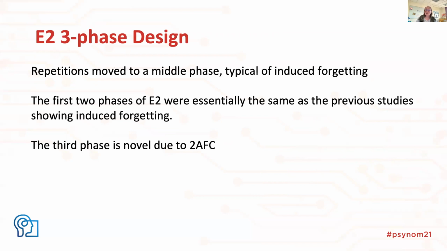In experiment 2, the repetitions were moved to a middle phase such that the experiment was now a three-phase design typical of induced forgetting experiments. The first two phases of experiment 2 were essentially the same as previous studies showing induced forgetting. The third phase is what's different because of the use of that speeded two-alternative forced choice.